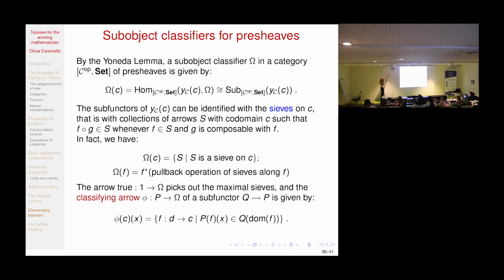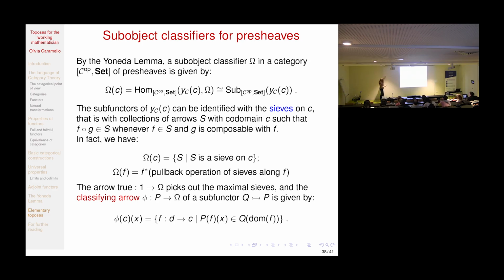So the subobjects of a representable are the collections of arrows towards that object which are closed under composition on the right. This is the notion of sieve. A sieve on an object C is a collection of arrows going to C, which is closed under composition on the right. This property of closure under composition on the right is the functoriality property.